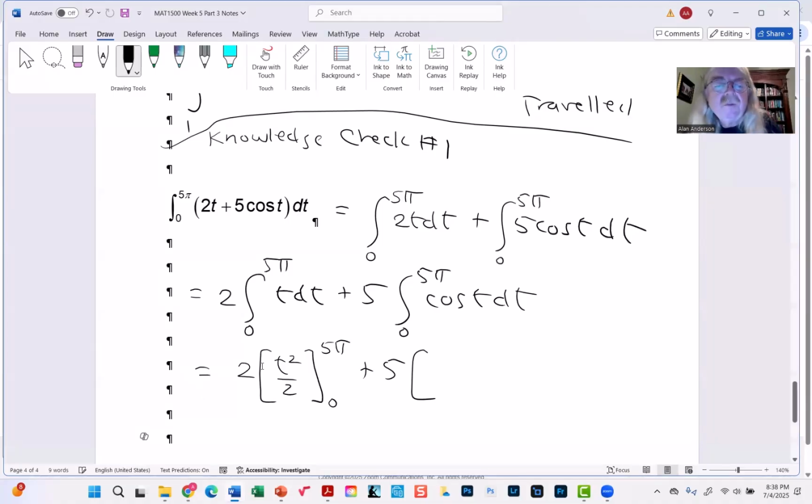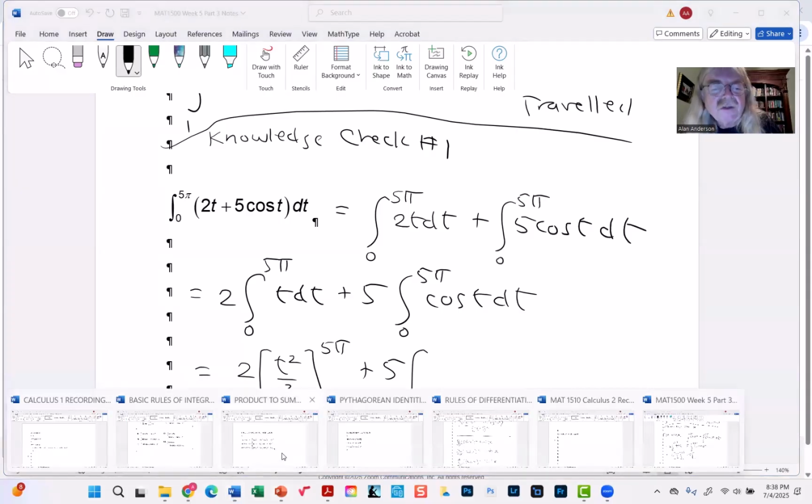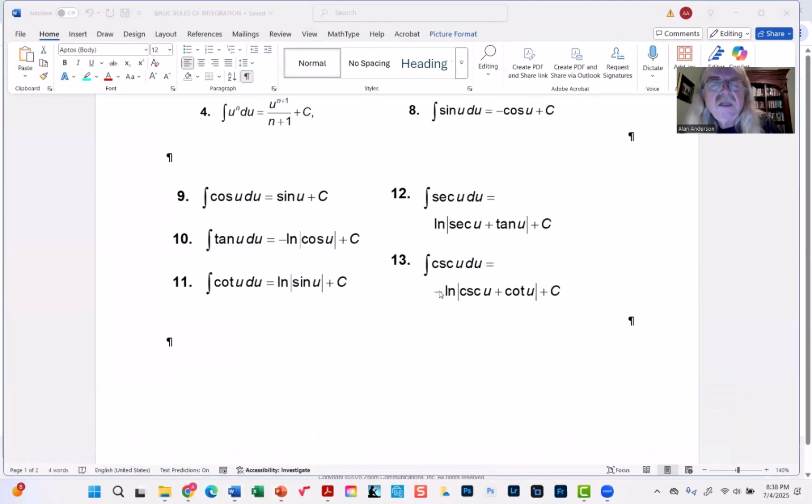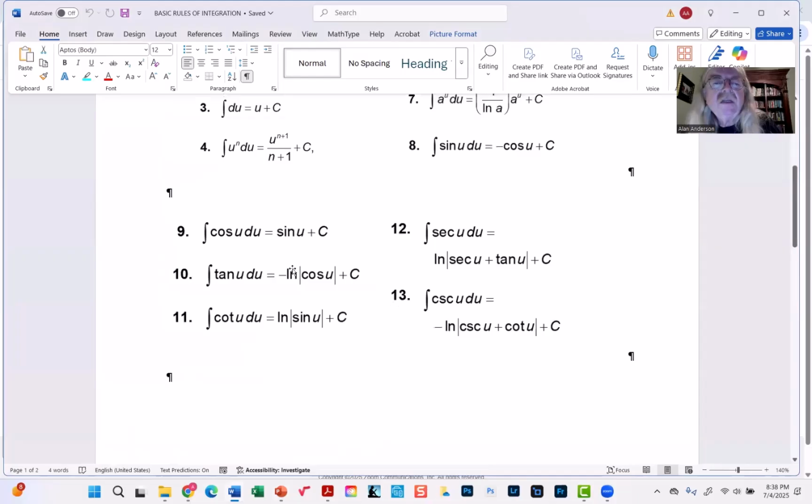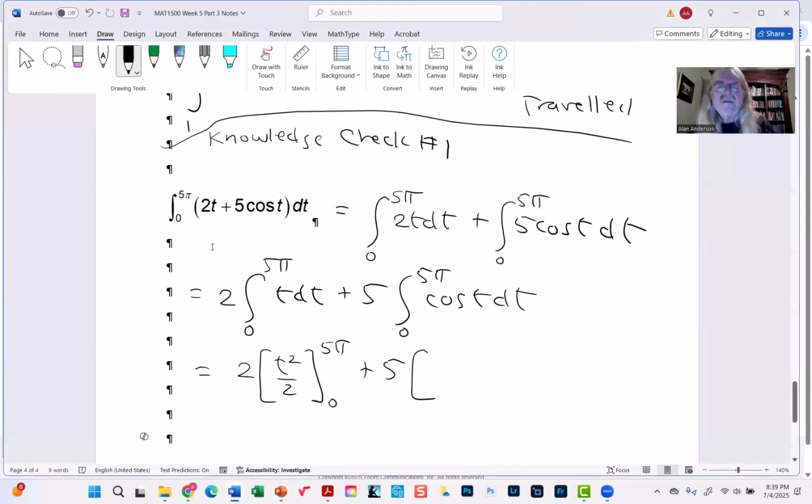Now for this one, if you remember, we do have a list of basic trig integrals here. And if you recall, the integral of the cosine of u is the sine of u. Okay, so that means here we have the sine of t.